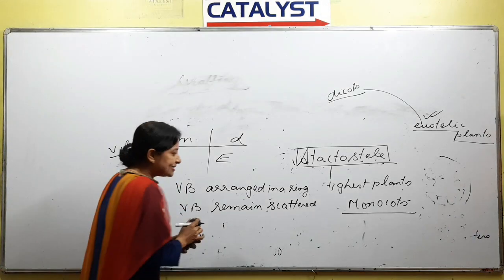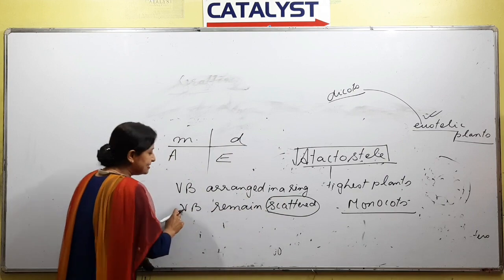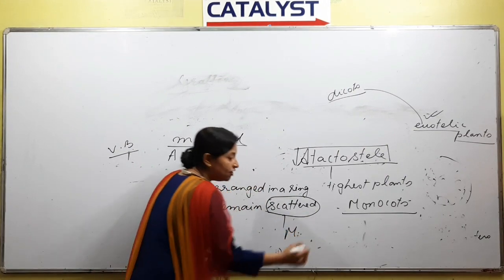When we see the word scattered, vascular bundles scattered, it is always a characteristic of monocot.